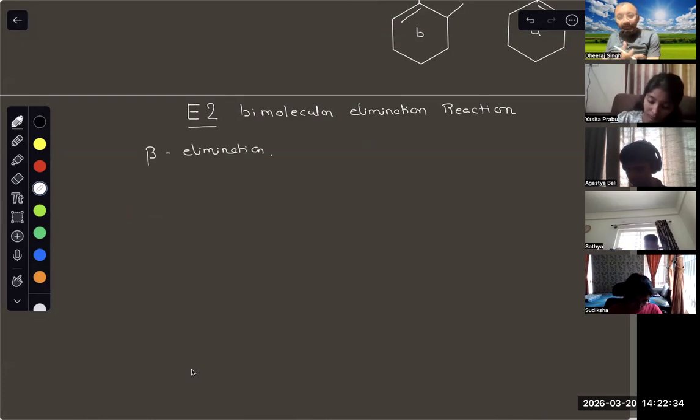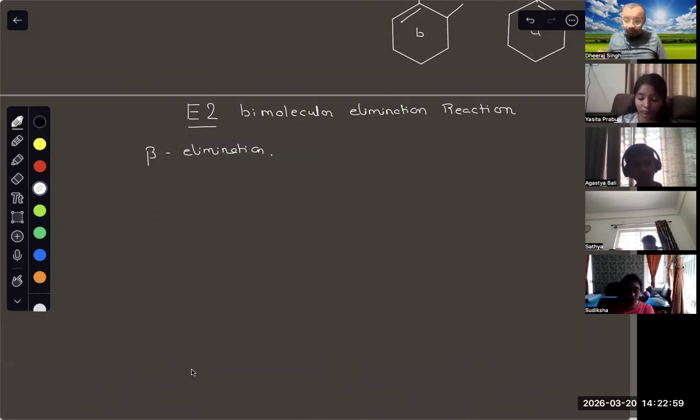Beta is what we discussed. The alpha carbon is what? Alpha carbon is the carbon in which the leaving group is attached, in which halogen or OH group is attached, that is your alpha. Beta is what? Next to the alpha. Next to the alpha could be left hand side or right hand side.